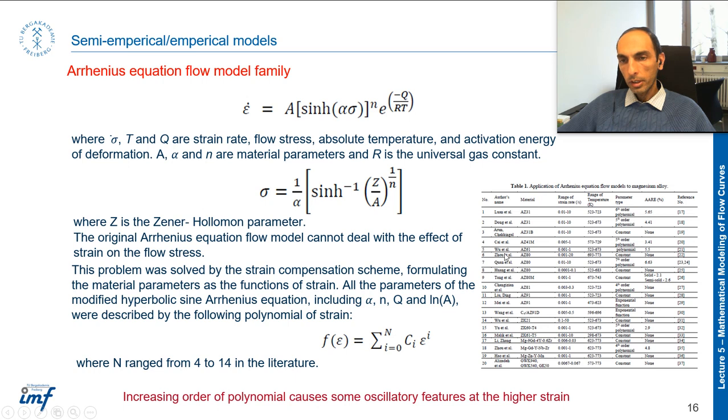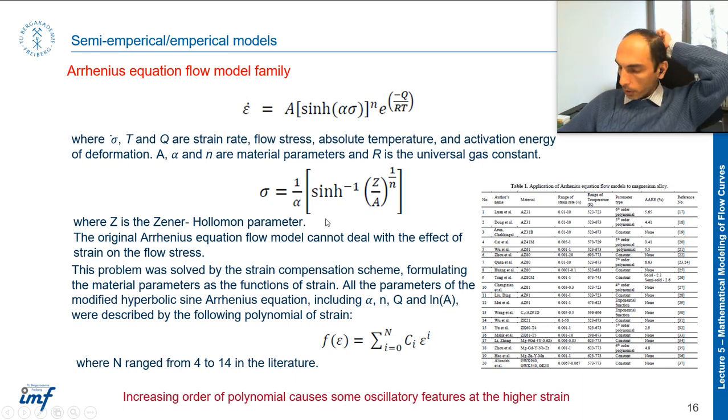You can see some examples here in the table based on this equation. It means that the base equation is this, but they have improved some parameters, they have changed some parameters to improve the accuracy of the model. But still, the models are categorized under this big family, the Arrhenius equation family.